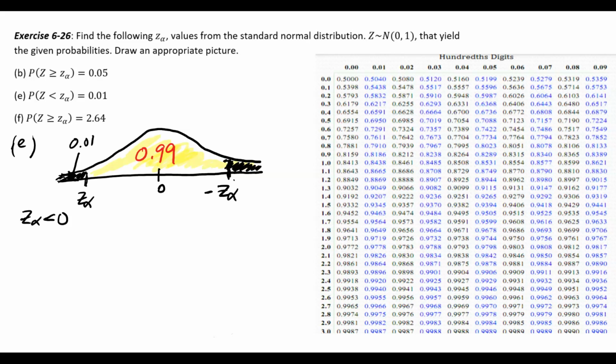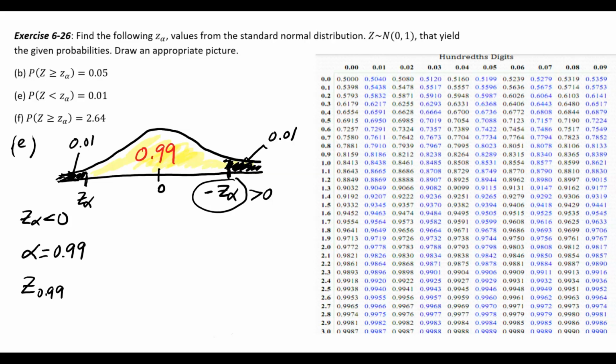I can find this value because it's positive, so I can find that value on our normal distribution table. And so let's look. I know that this area right here is 0.01. So that means the area to the left has to be 0.99. So the alpha that we're looking for is going to be 0.99. And we want to find the z-score that's associated with that alpha.